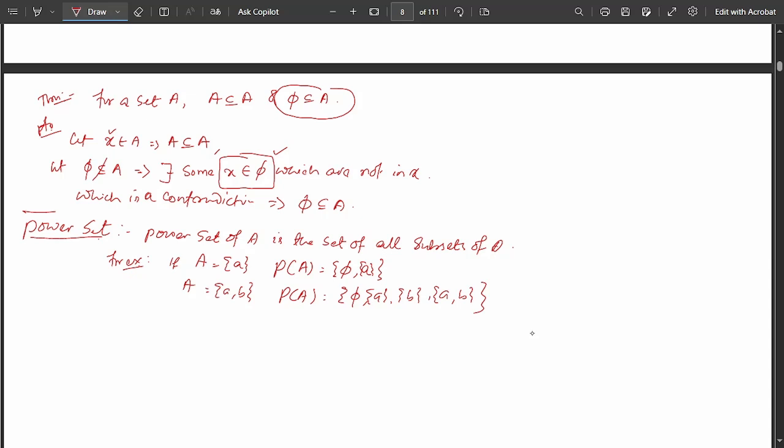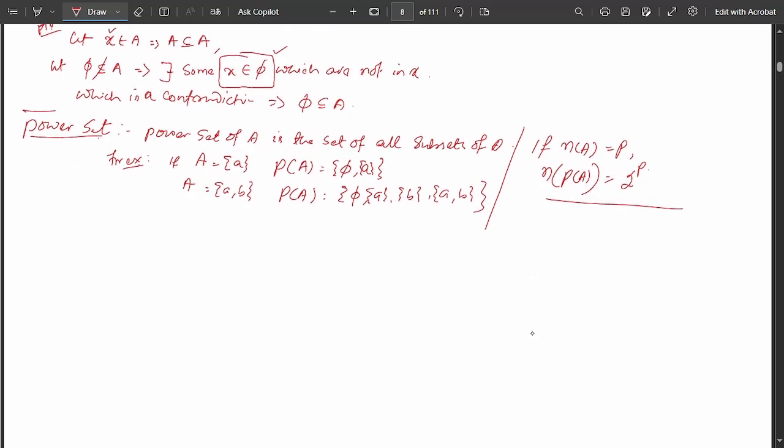We find the number of elements of a power set by a formula. Suppose the number of elements of A is P, then the number of elements in the power set of A is 2 to the power P. This is an important formula.